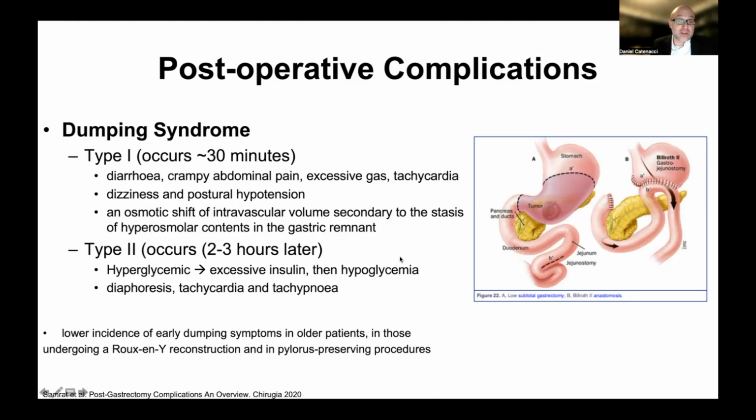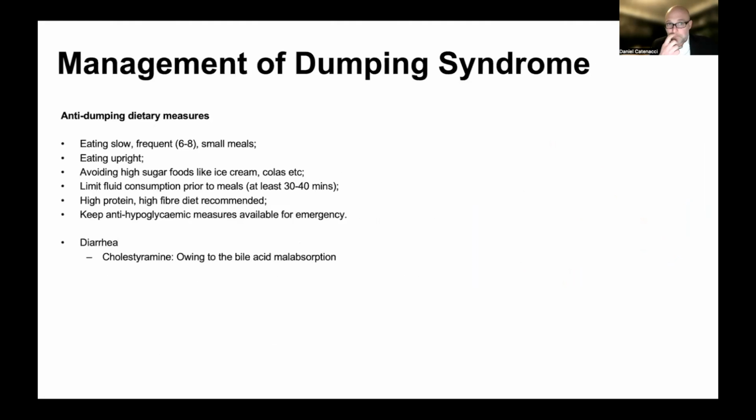However, there is a lower incidence of at least this early dumping symptoms in older patients, it's noted, and in patients who are getting a Roux-en-Y rather than the Billroth procedures, and certainly in pylorus preserving procedures like a proximal gastrectomy, which leaves the far end of the stomach in place. And so the sphincter is still functioning, and it's able to control how much of the stomach contents are going out at a certain rate. And so you're limited in terms of these dumping symptoms.